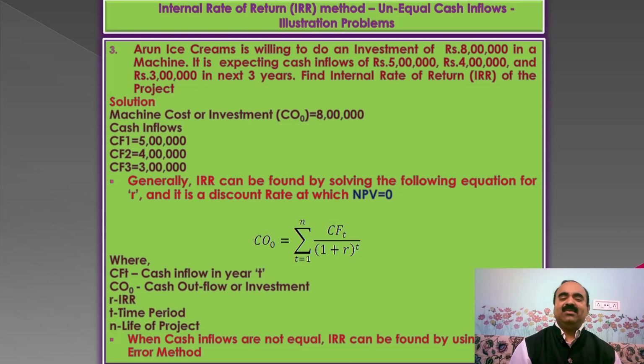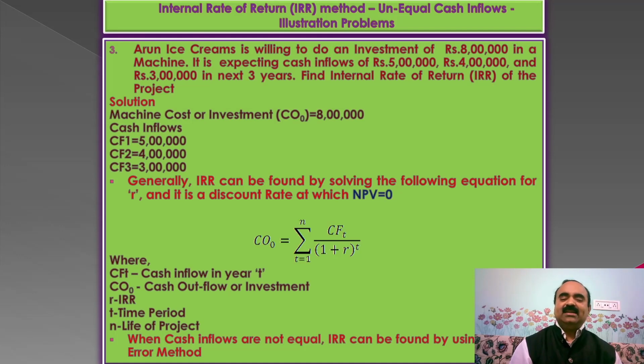Let us now write down the steps. Machine cost or investment CO0 is equal to 8 lakhs, cash inflows CF1 is equal to 5 lakhs, CF2 is equal to 4 lakhs, CF3 is equal to 3 lakhs. Generally, IRR can be found by solving the equation for R, and it is a discount rate at which NPV is equal to 0.